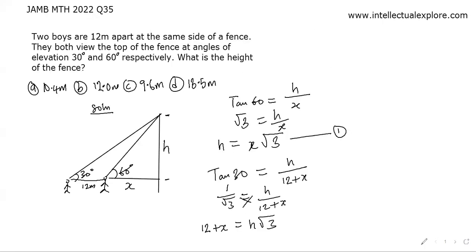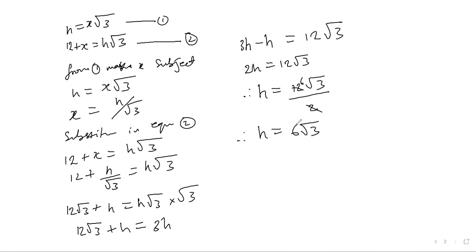So let's go to our options and check which of them it is. Our options are in decimal numbers, so we have to figure out what this is.